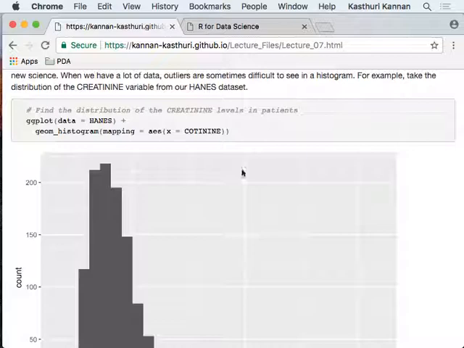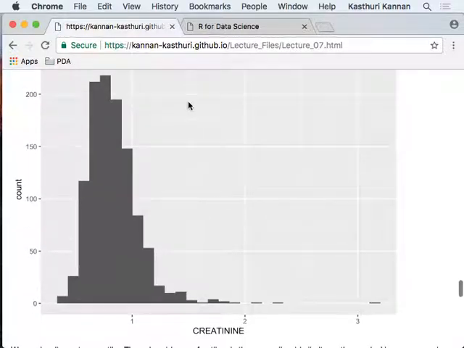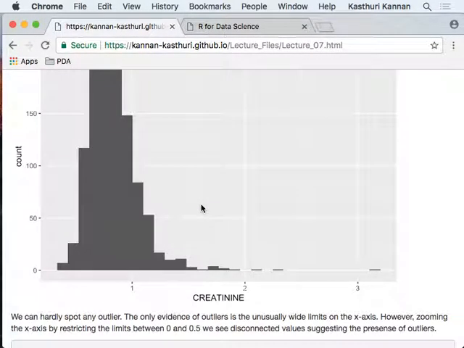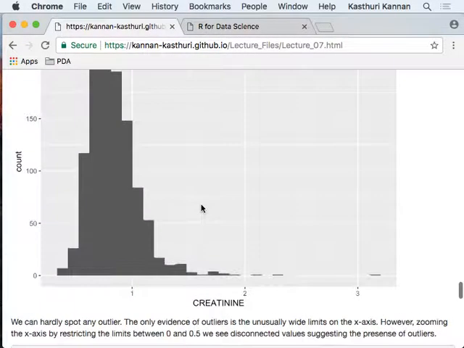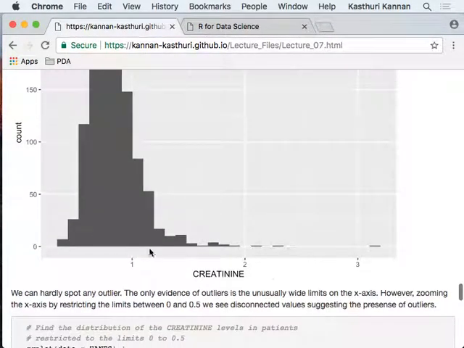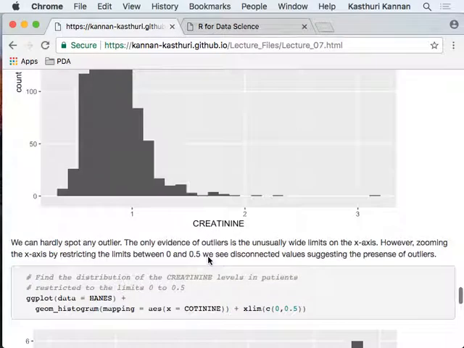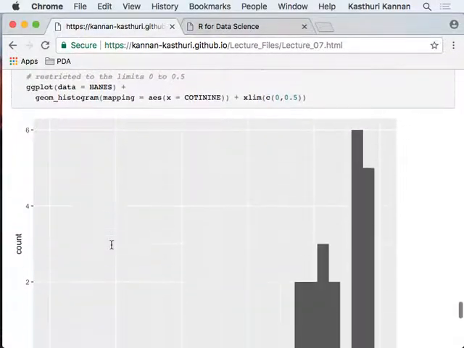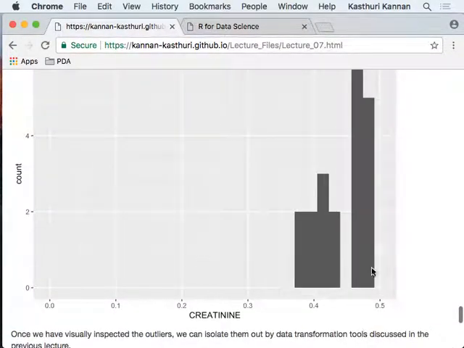For instance, I'm taking the distribution of the creatinine variable from this data set and plotting it. As such, you don't see anything different. We can hardly spot any outlier. But if you zoom in and limit the axis to this small range, 0 to 0.5, you see that there is something standing out separately here.